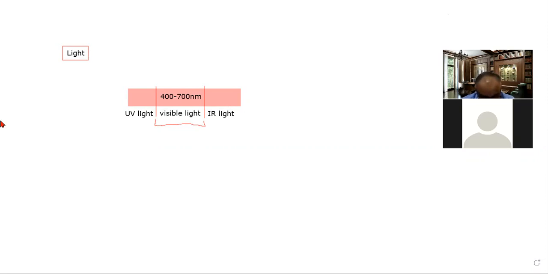So now the next thing is that, if we talk about the wavelength, the wavelength increases from left to right on the electromagnetic spectrum, right?